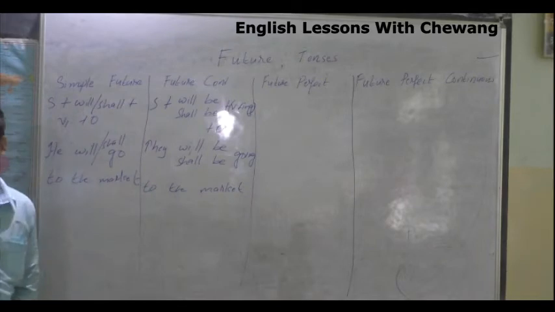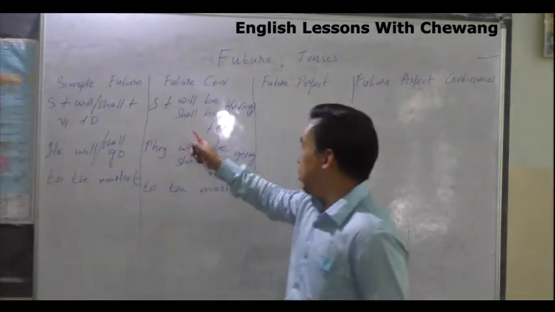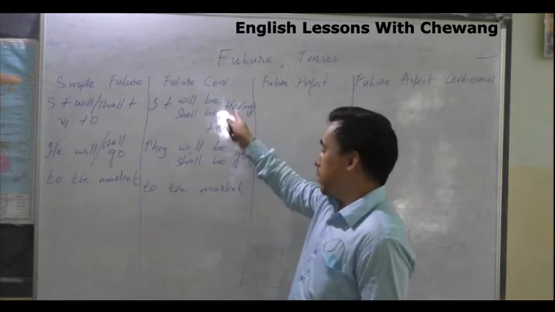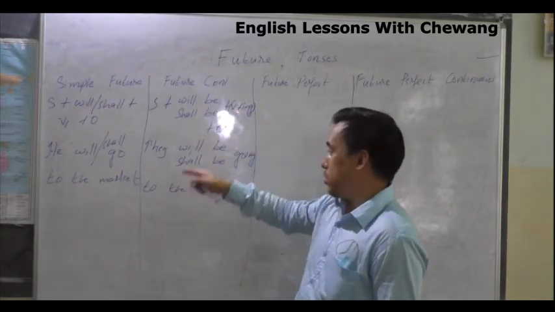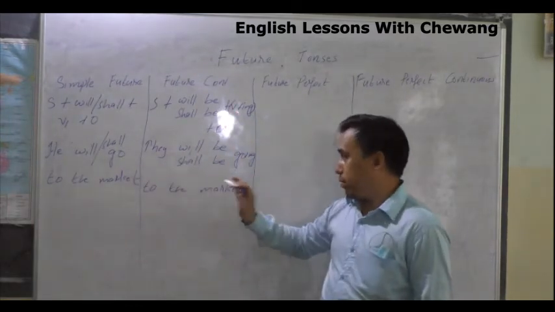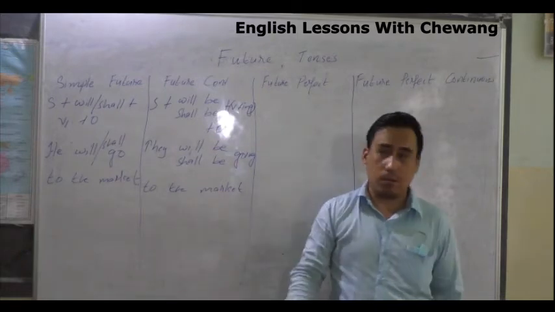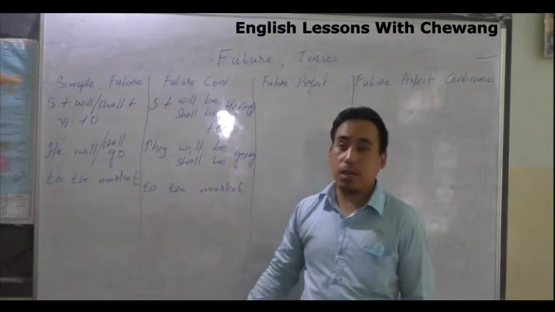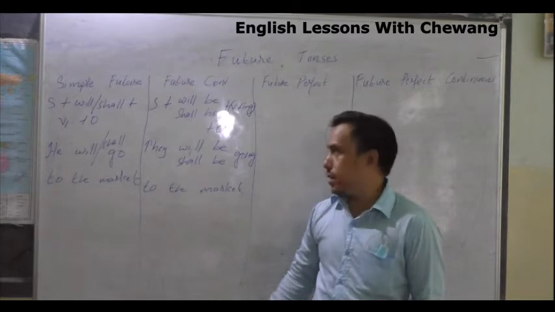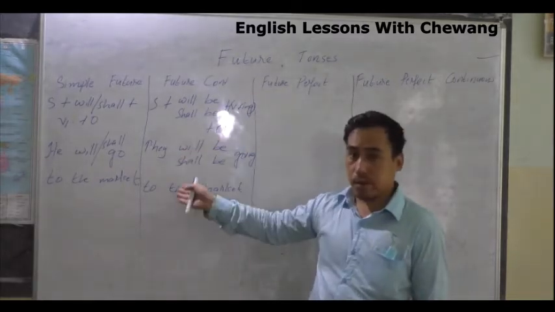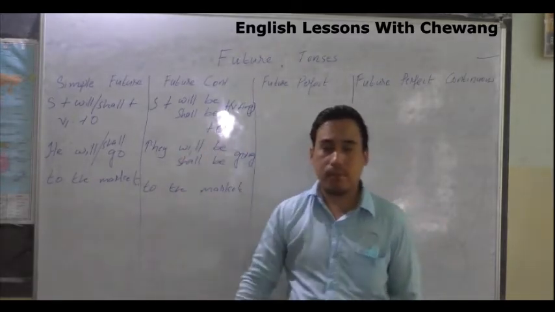Make sense? So shall be, will be, verb in ing plus object. They will be going to the market. They shall be going to the market. He shall be, he will be, it shall be. The verb remains the same. Okay.